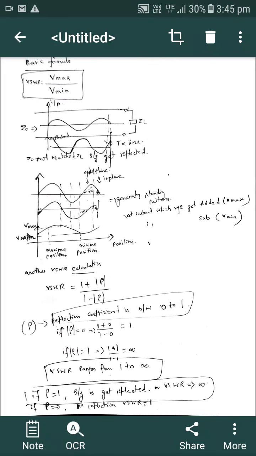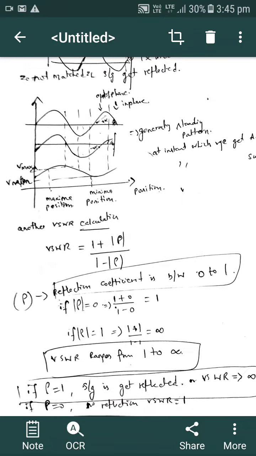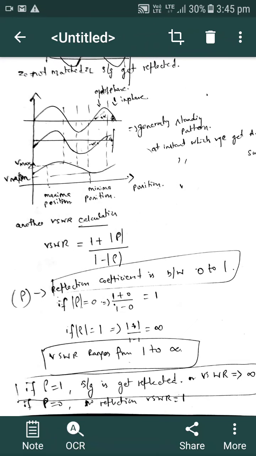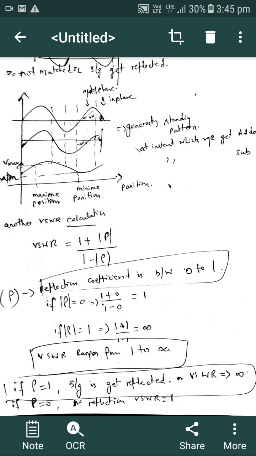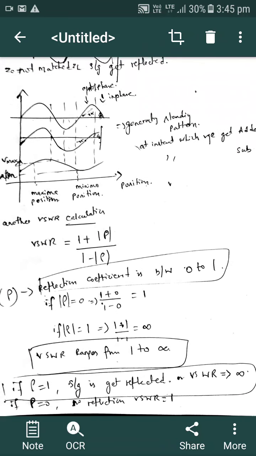Another formula for VSWR is 1 plus modulus of rho divided by 1 minus modulus of rho. Here rho indicates the reflection coefficient. The reflection coefficient always lies between 0 and 1. Let's consider two cases. If the modulus of rho is 0, substituting into the formula gives 1 plus 0 by 1 minus 0, which is 1.